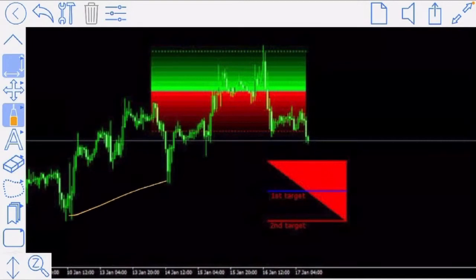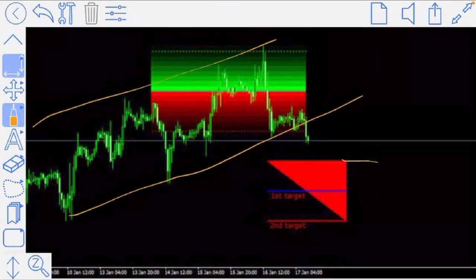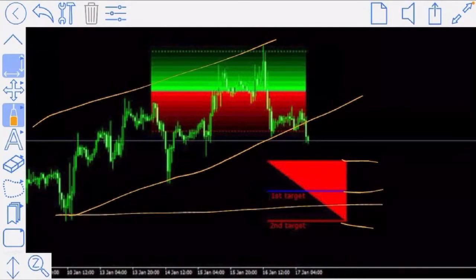Let's say you have a trend line there. Now this is your trading channel. You will then take this trade when you set your sell stop there. Exit there if you want 15 pips. Exit there when you want 30 pips. If you're a price action trader, your maximum target will be here.